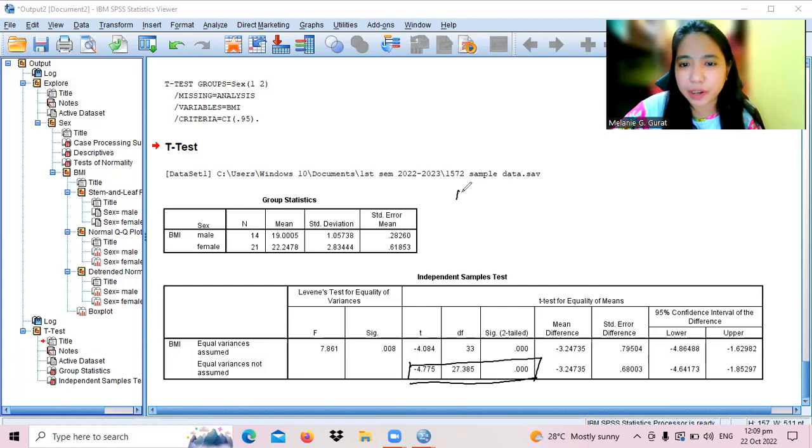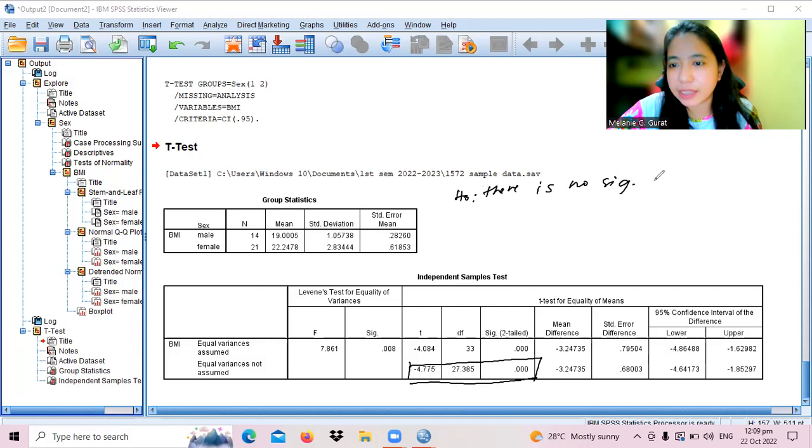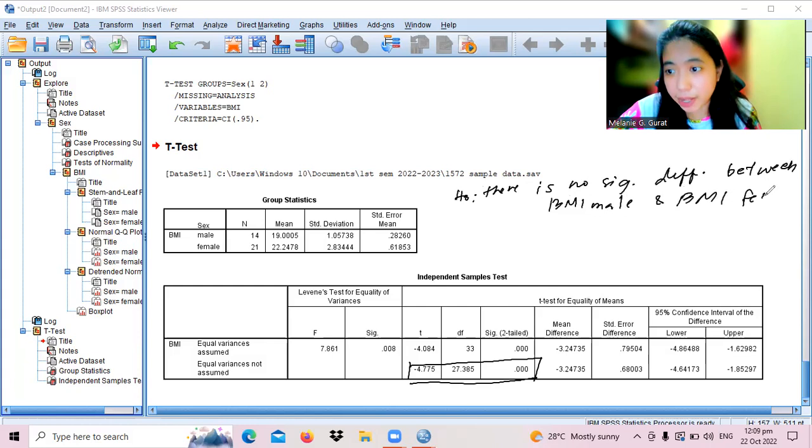What is our HO? Our HO in our problem is there is no significant difference between the average BMI of male and the average BMI of female.